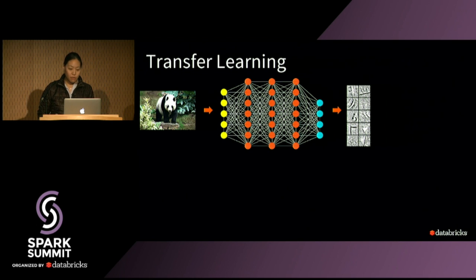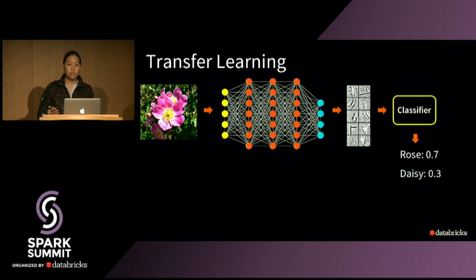And then from there, we can stick on another classifier on top of it, which will be a much lighter weight classifier than having to train the entire model from beginning to end. And then use labels for, let's say, another task that might be, are these roses or daisies, with a lot less training data than you would have had if you had to train this whole model from scratch. So that's the idea.